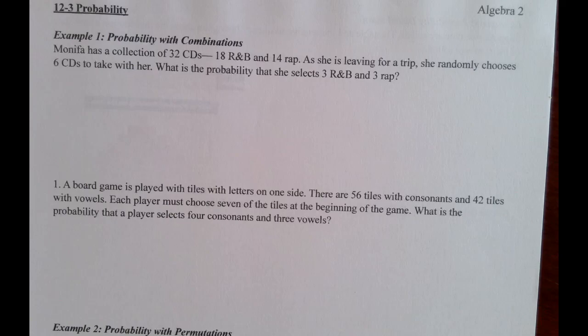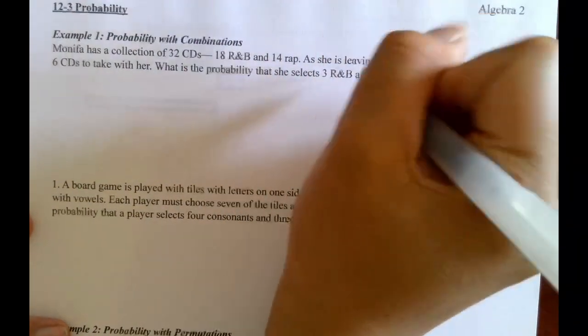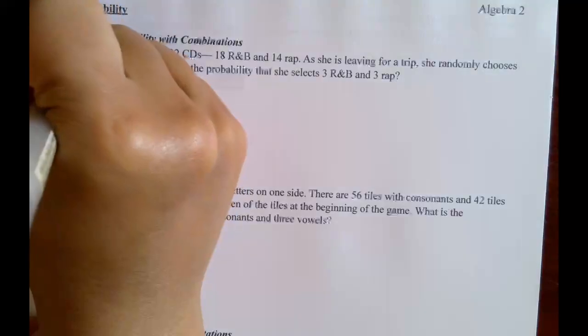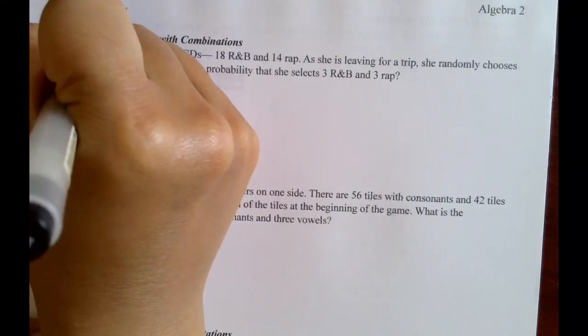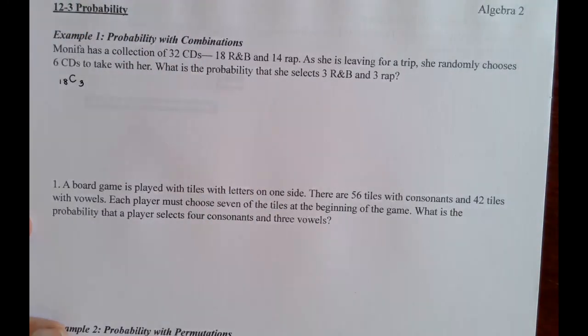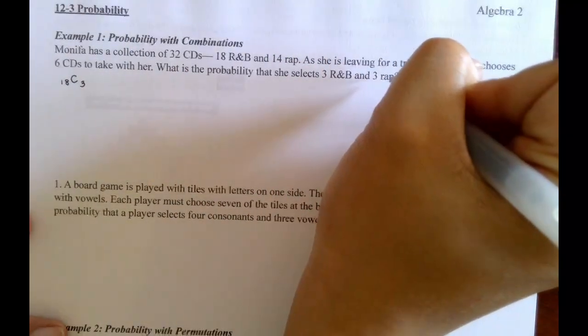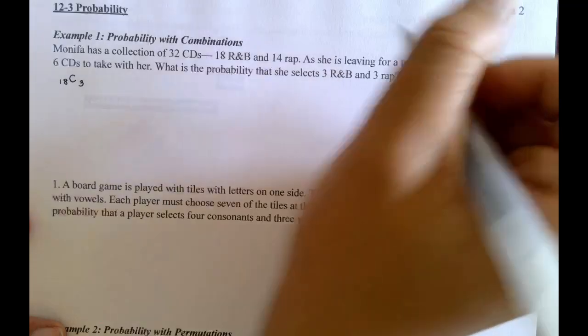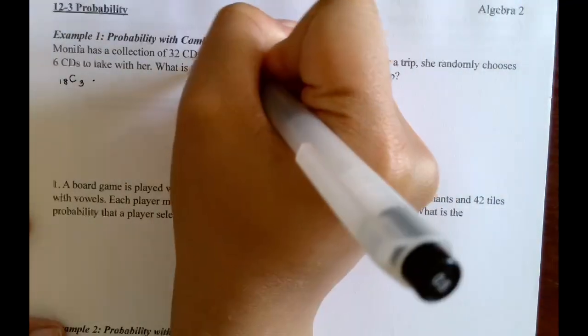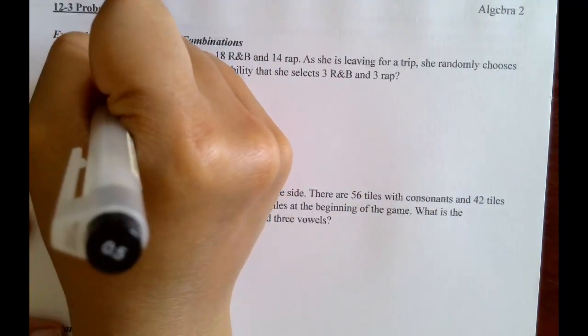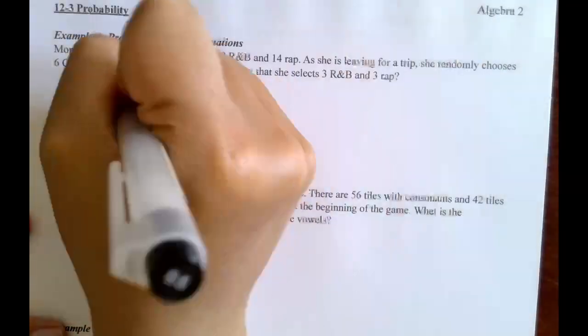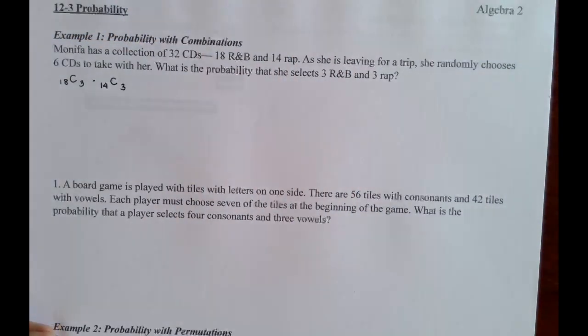Okay? So here, for our 3 R&B, there's 18 of them, right? And then we're hoping that we get 3 of them, okay? And then for the rap, there are 14 of them, and we're hoping to get 3 of them. Right.